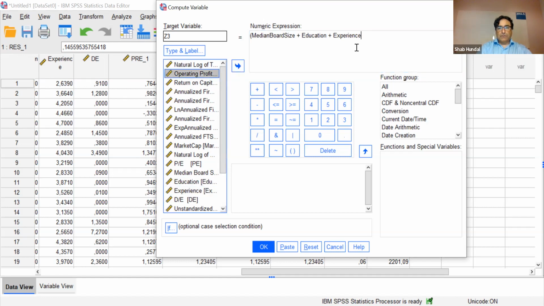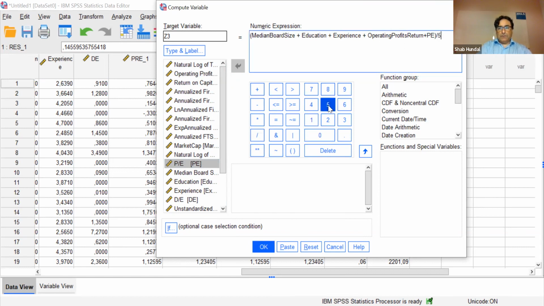Oh, sorry, I didn't put the plus sign. Then we have the operating profit return. And then I guess we have one more variable, which is price to earning ratio, which means how much price you want to pay for the stock to earn a certain amount of revenue or dividend maybe. And since we have the 5 variables, we divide by 5.